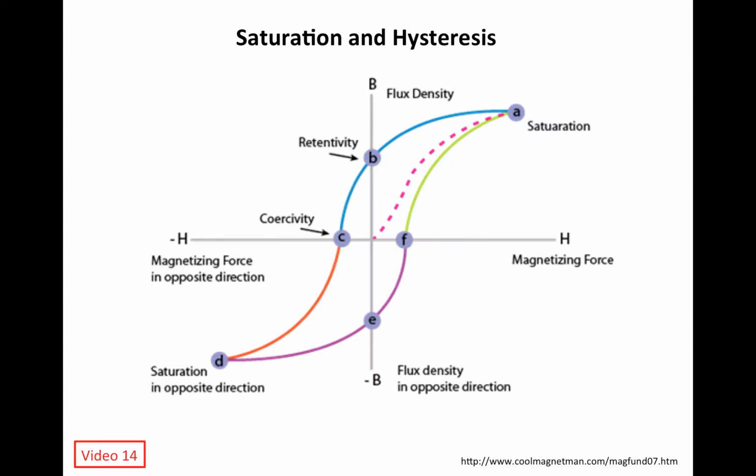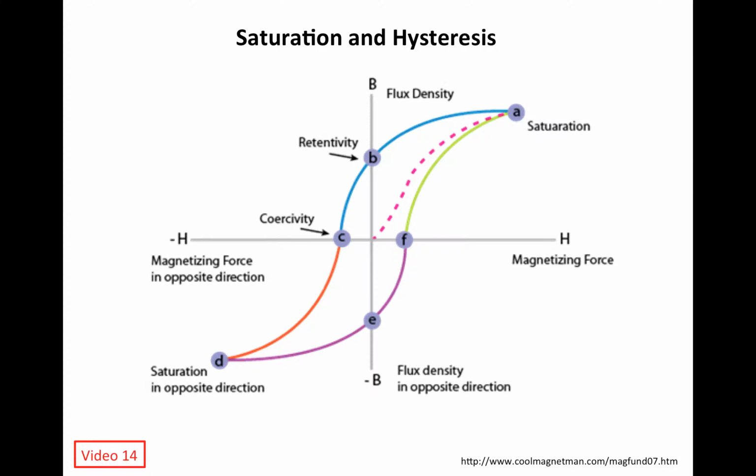So to go from the magnetic intensity H to flux, we have to go through this quantity called flux density, B. The relation from H to B is nonlinear and depends upon the magnetic material.